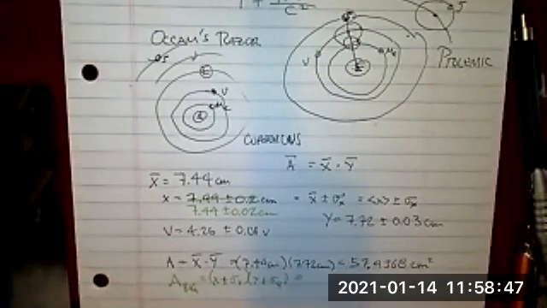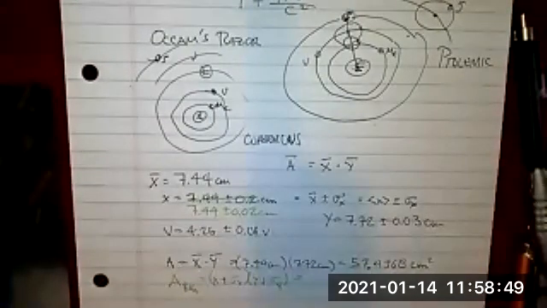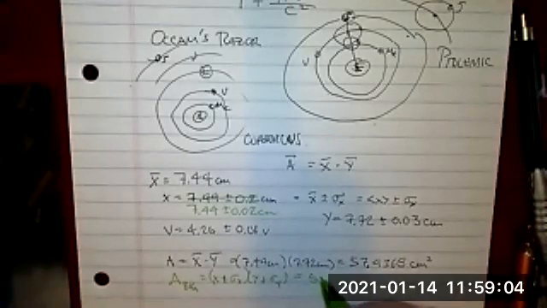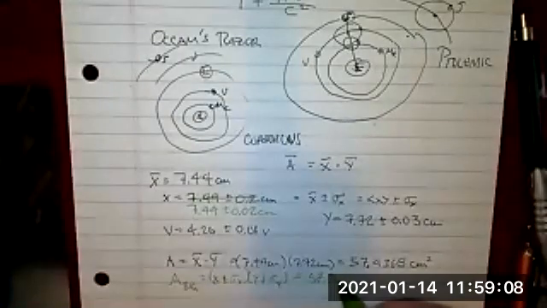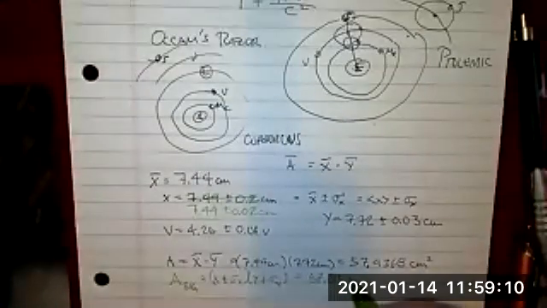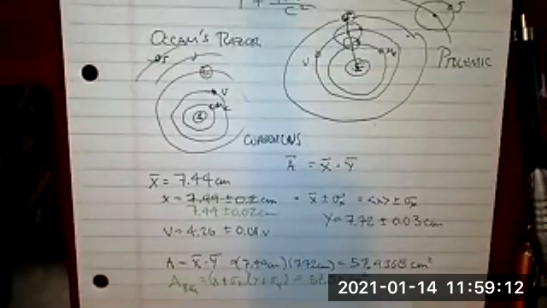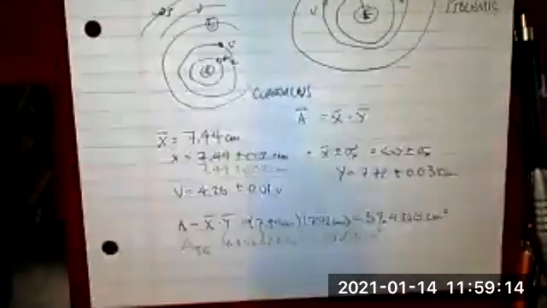So when I do that, I'm going to do 7.46. See, I added the 0.02. 7.46 times 7.75, and I get 57.815 centimeters squared. So that's the biggest possible thing I think would be reasonable.